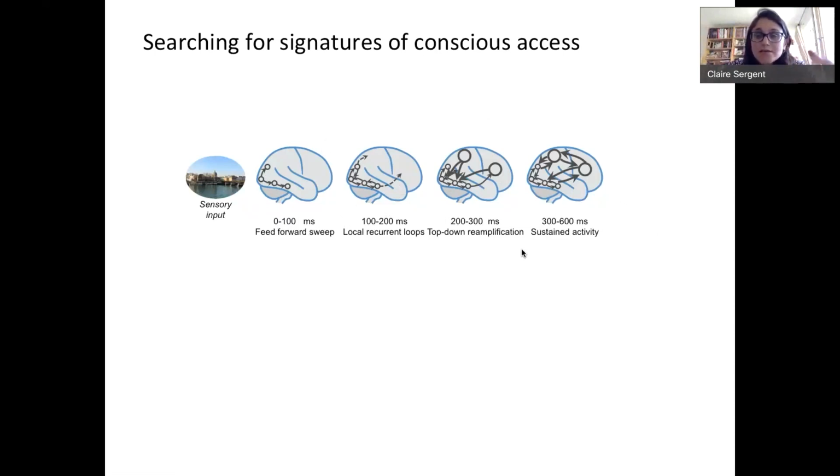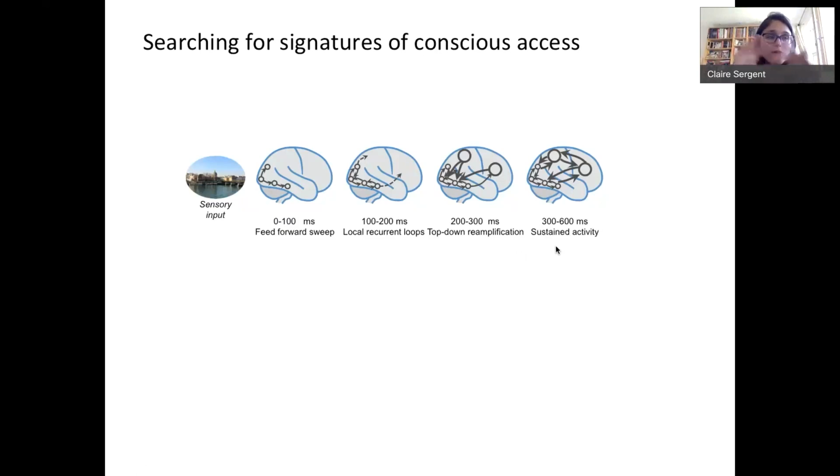And because these are only correlates, the current question now is to isolate, within these different correlates, what corresponds really to the stage where conscious processing is occurring. And I think we're really at this question at this moment of the research now.